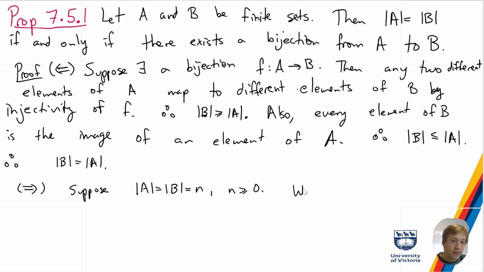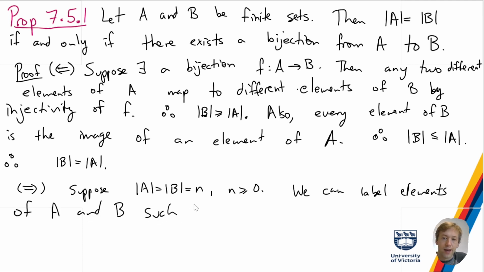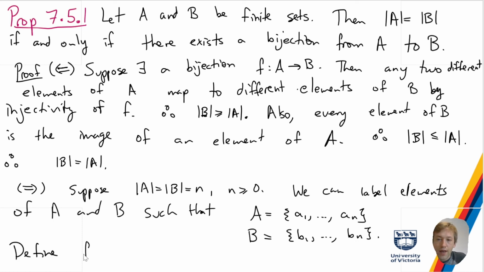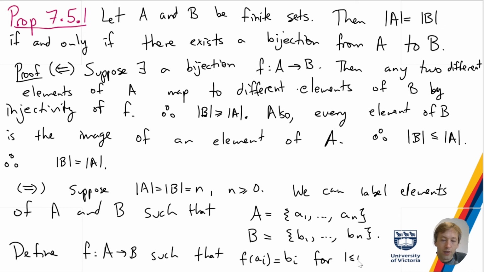So we can label the elements of A and B such that A is a1 up to an, B is b1 up to bn, and now we define f to be a function from A to B such that f of ai equals bi for every i between 1 and n.